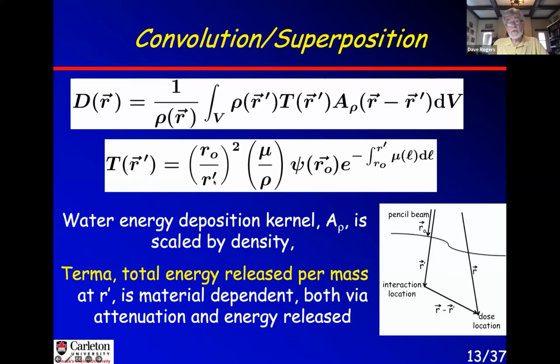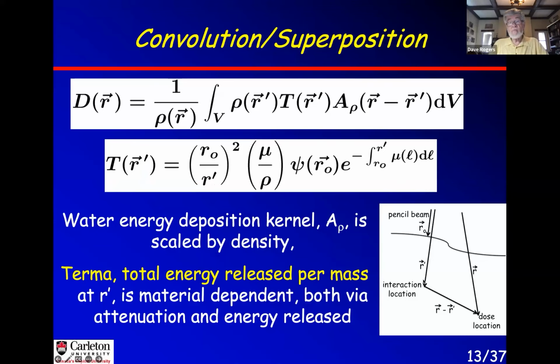This is just a 1 over R squared reduction from the intensity at the point on the surface. And the important point here is that it's using the attenuation coefficient of the material at the point where the interaction is occurring, okay?